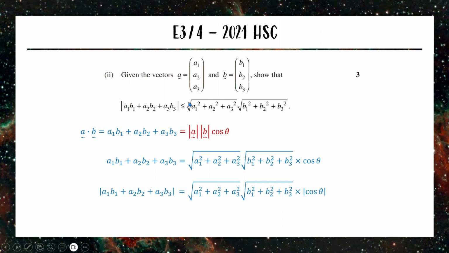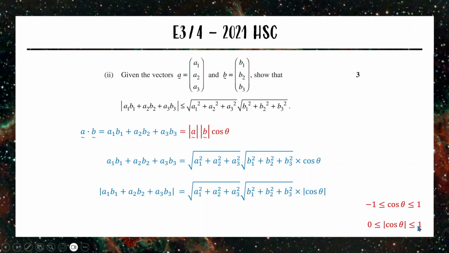Okay, now to finish off and get it to our target, we just need to think about what is the magnitude of cos theta. So cos theta is a wave. It oscillates between -1 and 1. If you take the absolute value of this wave, it takes all these negative parts and it flips them up. So the absolute value of cos theta is always going to be greater than 0, but less than 1. So what's happening on the right here is we have two square root expressions, and we're multiplying them by something, which is going to be at most 1, but it's probably going to be making it smaller.